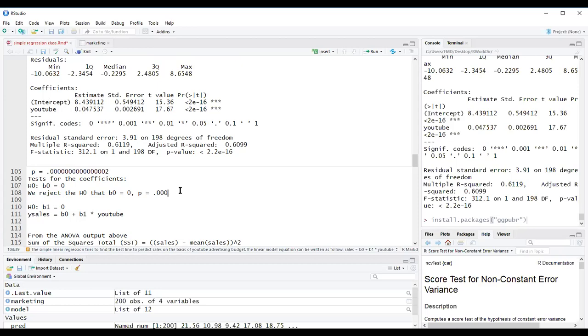And the decision rule is that when p is less than the usual level of significance, 0.05. So the question is, is our p-value for the intercept, for B null, less than 0.05? Yes. Taking a look at this, guys, this is less than 0.05. Therefore, when the p is less than 0.05, then we reject the null hypothesis.